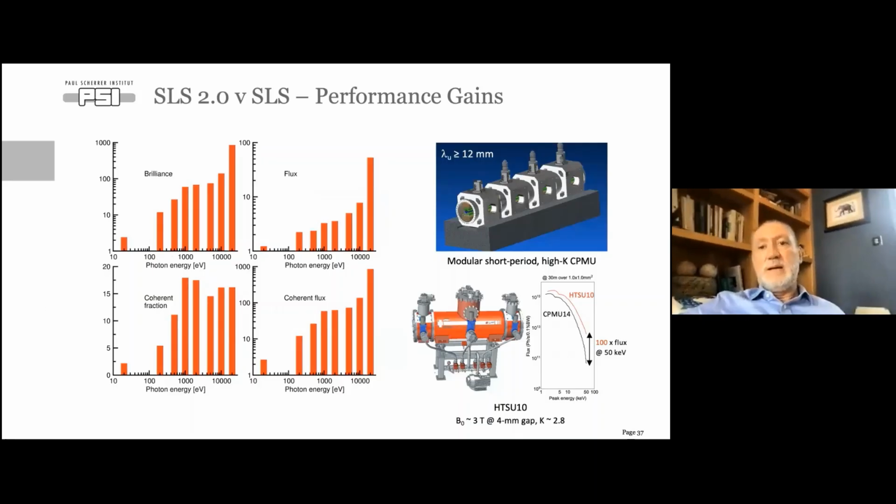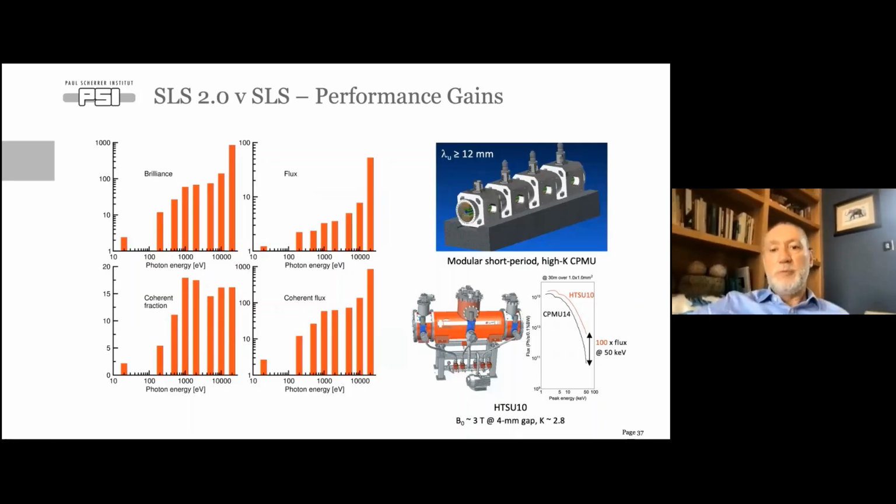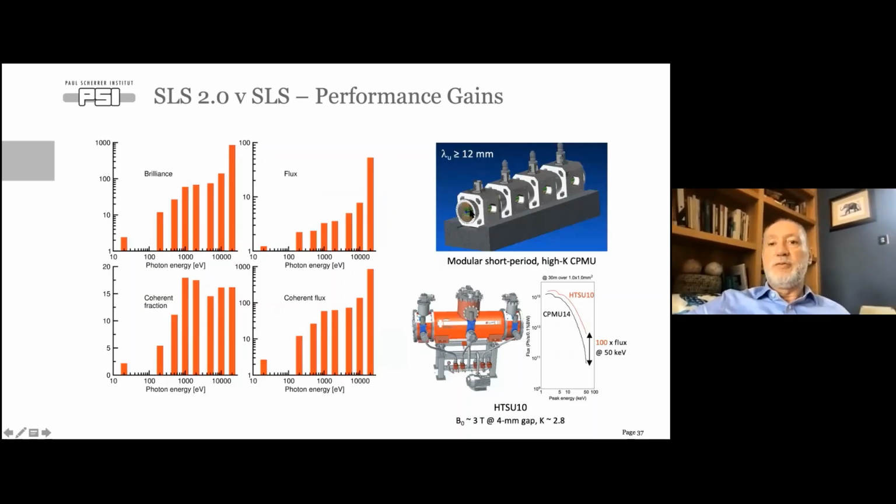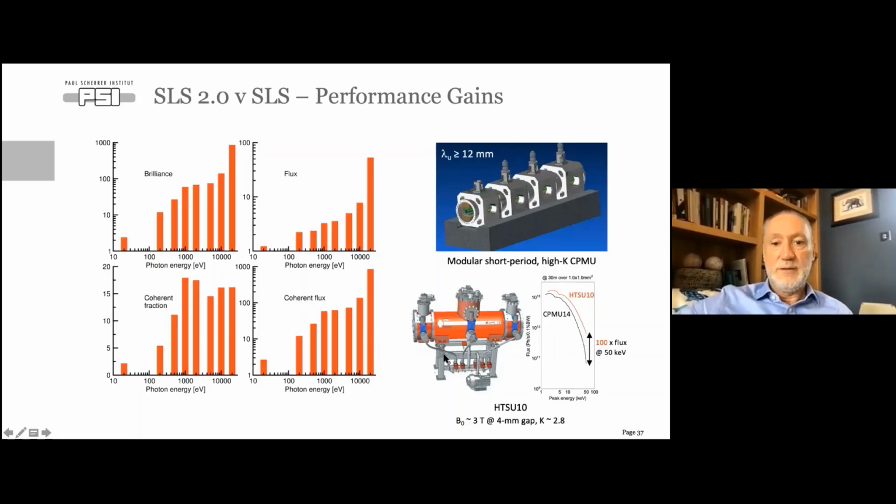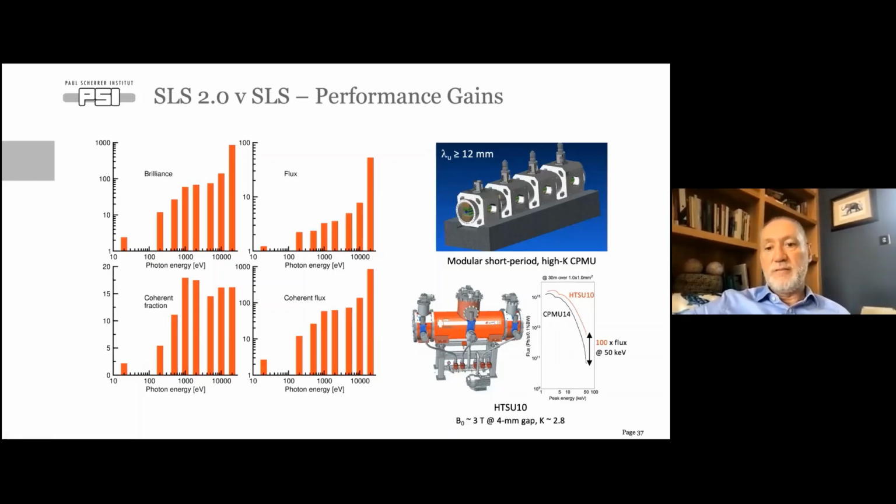And this is being made possible not just by the improvement in the emittance, but also more intense radiation being produced by novel developments in short period, high K, cryogenically cooled permanent magnet undulators, and also in a completely new research direction, these high temperature superconducting undulators with periodicities of only 10 millimeters.